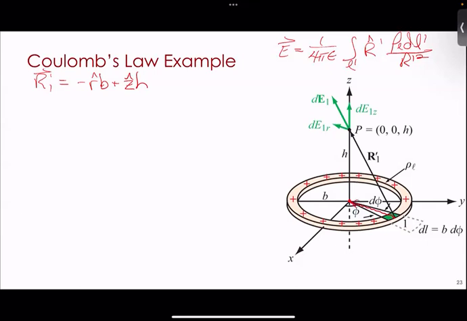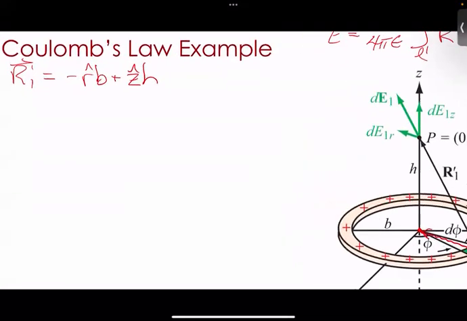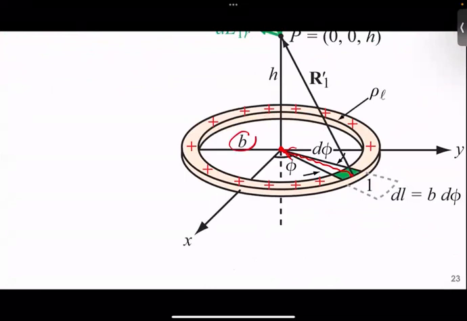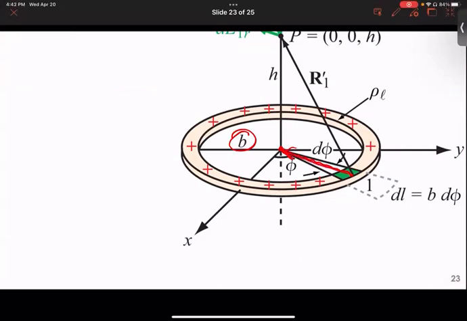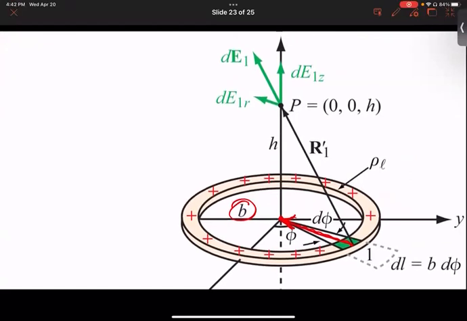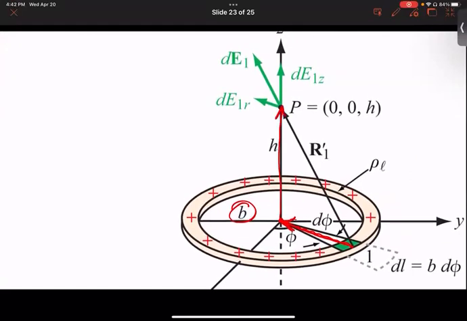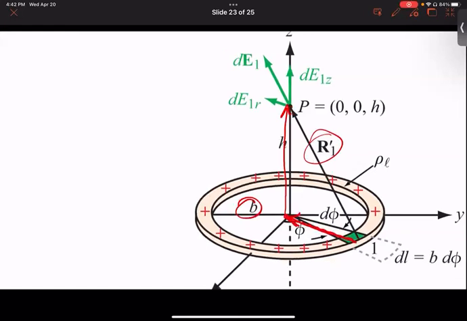The magnitude of that is b, because that's our radius. So essentially what we're saying is we're coming in minus R hat b, then we're going up Z hat h. Those are the 2 vector components that give us R1 prime. That's maybe the trickiest part of this problem, setting it up that way.